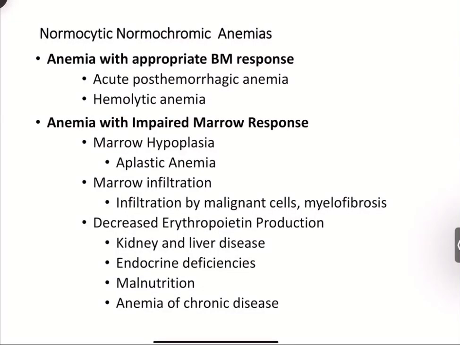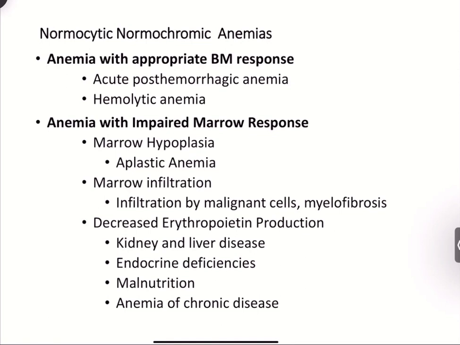Even your normocytes also have a correlation with some diseases. Even if it's normal, there are still some diseases that manifest as normocytic. So what are those? Anemia with appropriate bone marrow response, like acute post-hemorrhagic anemia.